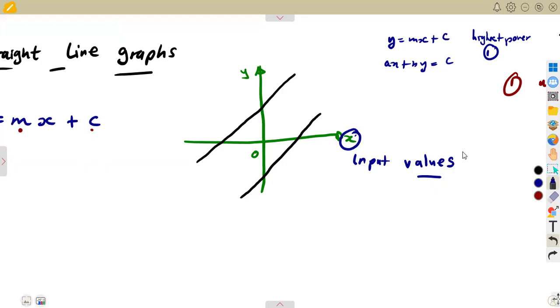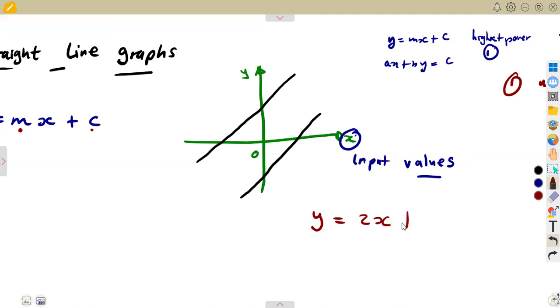What else do you expect to have from our science? We've got the input values, which will give us the output, even in any reaction that you are given. You have got the inputs and the outputs. So x is referred to as the input. This is what you insert into the equation.